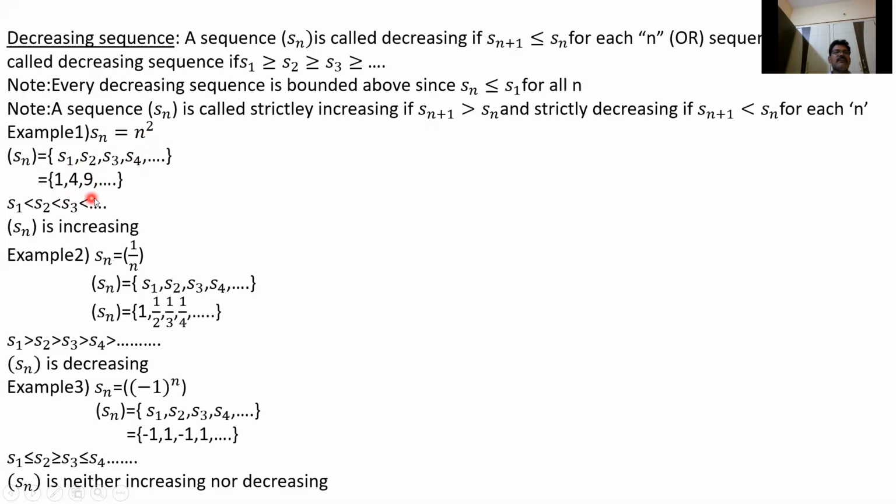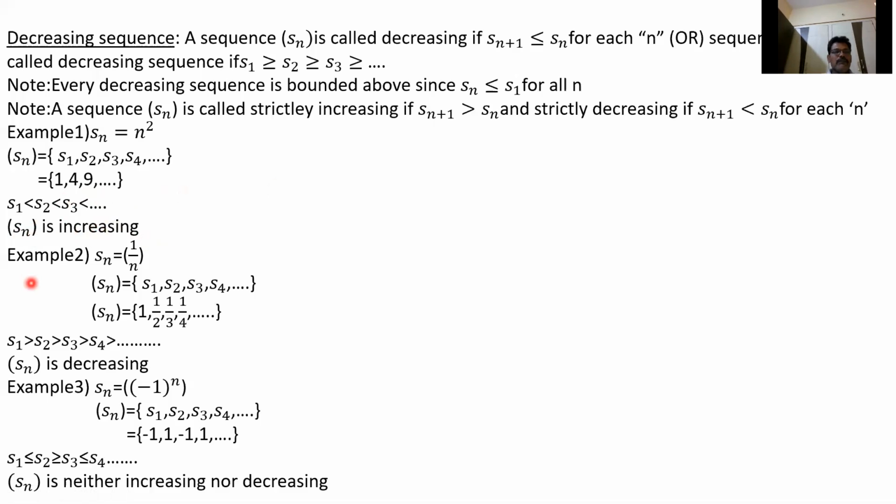You observe these are in increasing order. S1 less than S2 less than S3 and so on. This Sn is increasing, or we say that it is strictly increasing. Not only increasing, it is strictly increasing. The terms in the sequence Sn are in increasing order. Therefore, Sn is increasing.